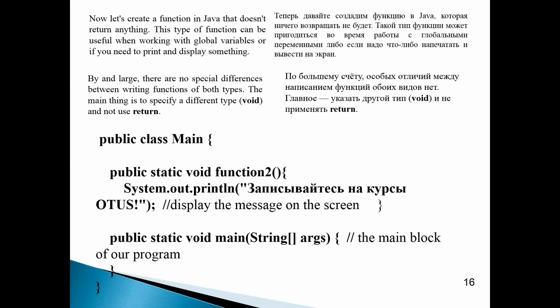Okay, next slide, guys. You can see a programming code. Now, let's create a function in Java that doesn't return anything. This type of function can be useful when working with global variables or if you need to print and display something.